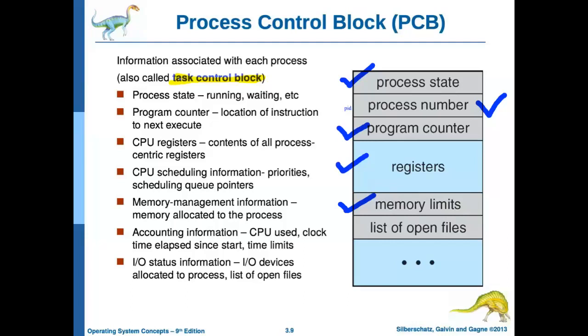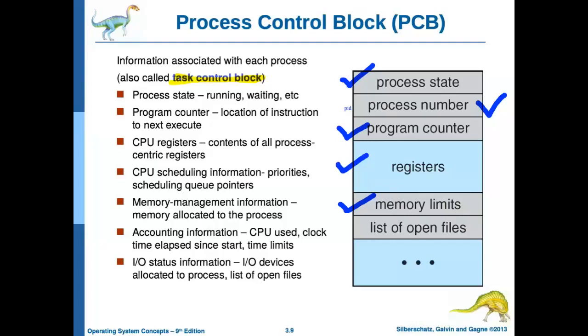Next is accounting information, wherein I already mentioned what is the accounting. Whatever the resources of operating systems are there, which resource is utilized by what process and for how long, or maybe in percentage, how much percent of that resource is used, or maybe in terms of time, for how long that resource is used.